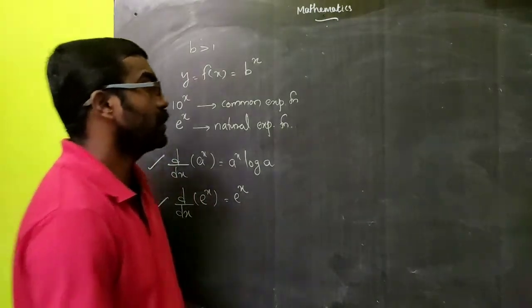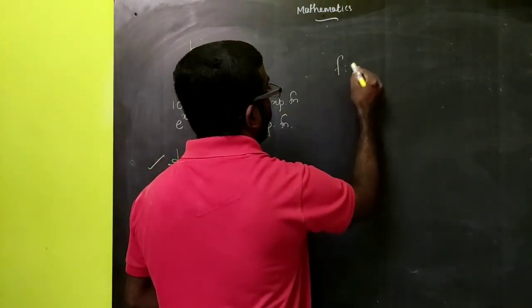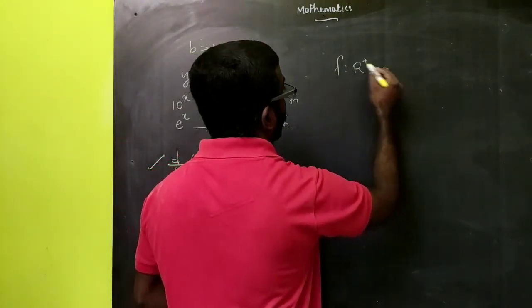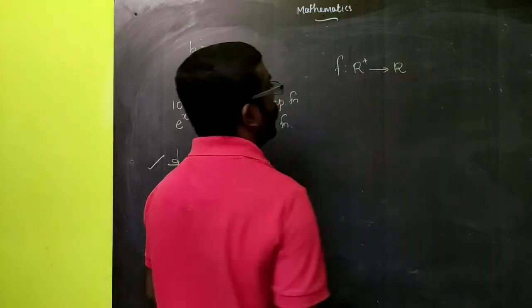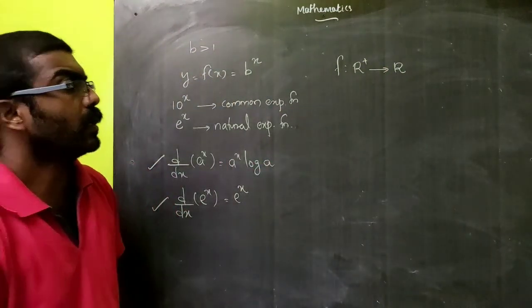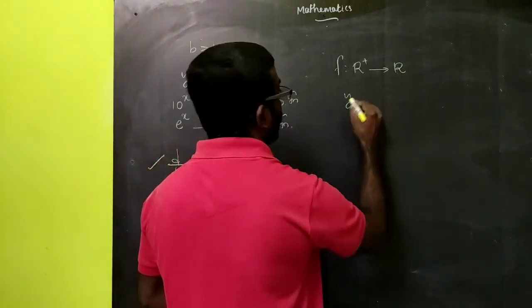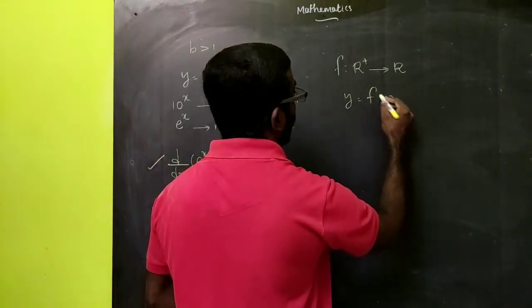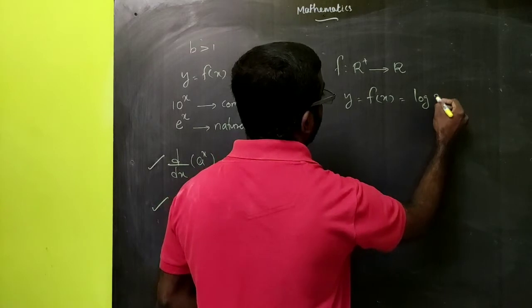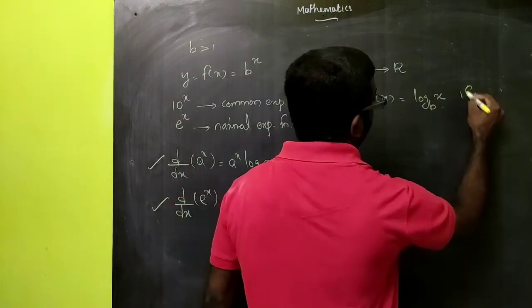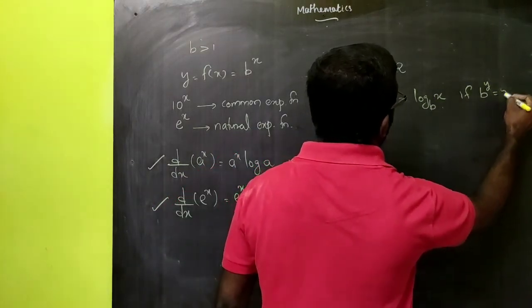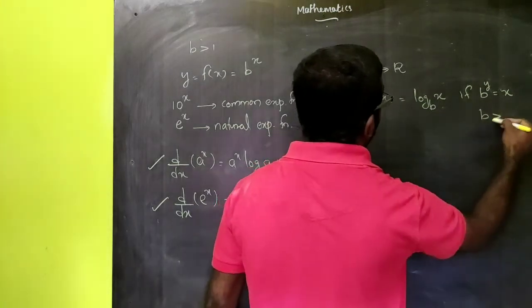A logarithmic function is a function f from R plus, the set of all positive real numbers, to R, the set of all real numbers, defined by y is equal to f of x is equal to log x to the base b if b raised to y is equal to x, with b greater than 1.